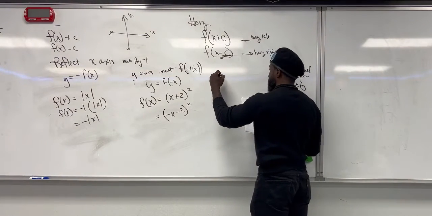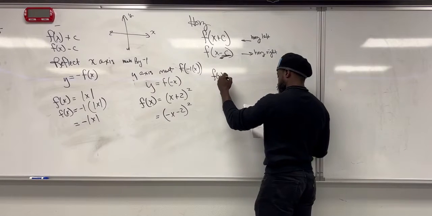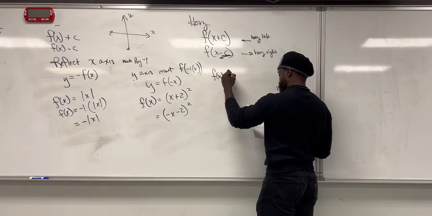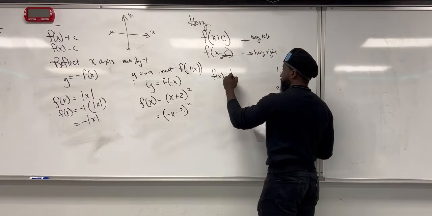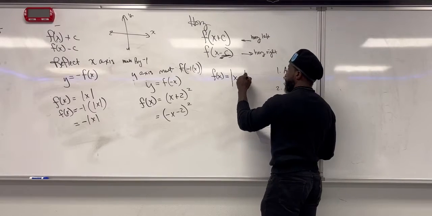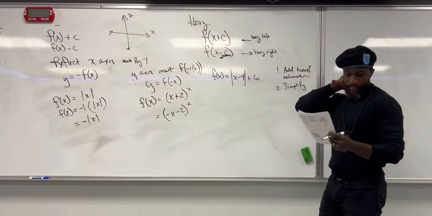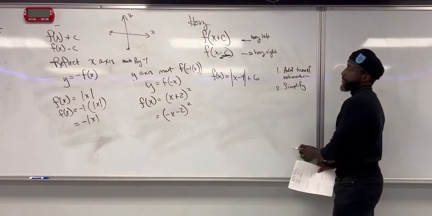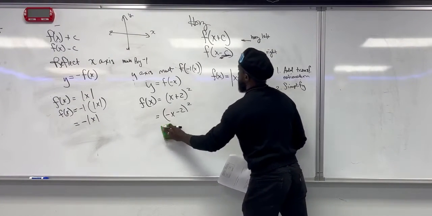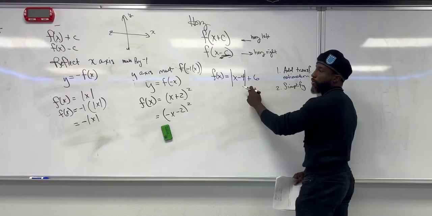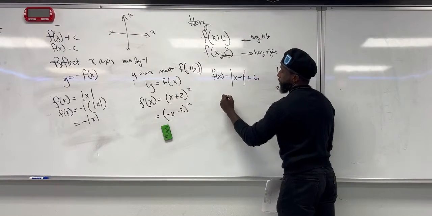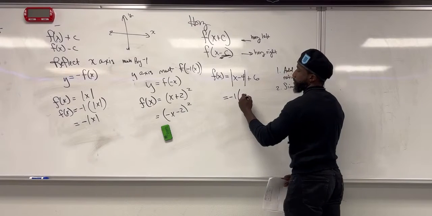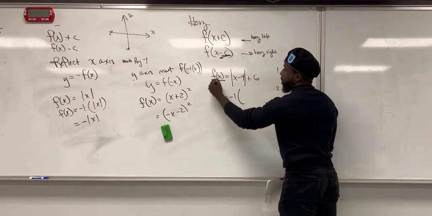Number 3, you got f of x equals the absolute value of x minus 4 plus 6, right? Reflecting about the x-axis, what's going to happen is we're going to multiply this whole thing by negative 1. So it'll be negative 1 times this whole function, f of x, the whole function.